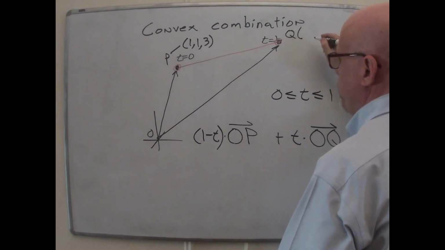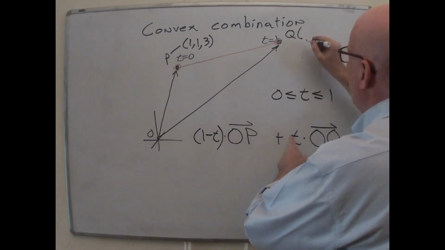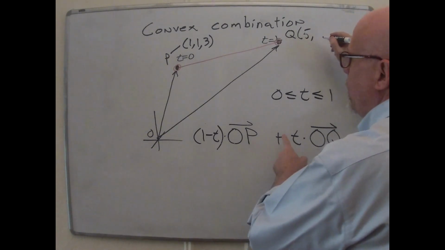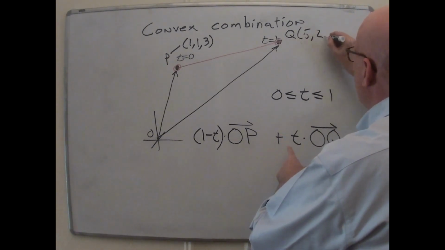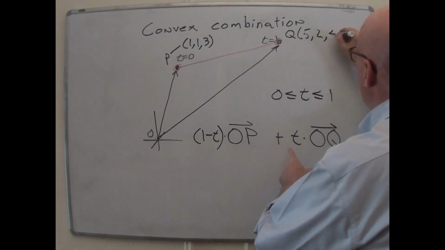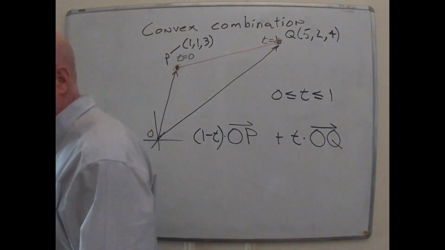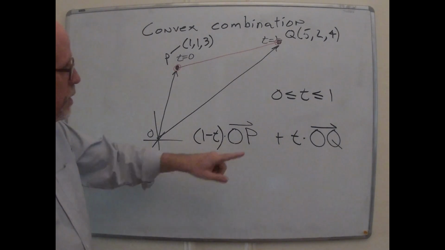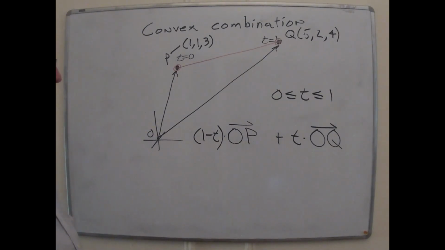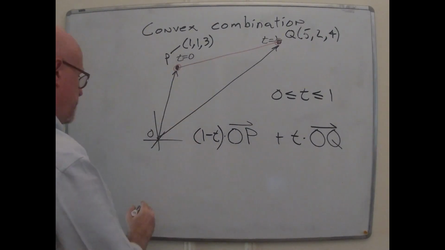So about 5 in the x direction, 2 in the y direction, and I'm going to say 4 in the z direction. I wanted it to be roughly to scale. So what I've done here with 1 minus t times OP plus t times OQ can now be translated into a vector equation with numbers in it.